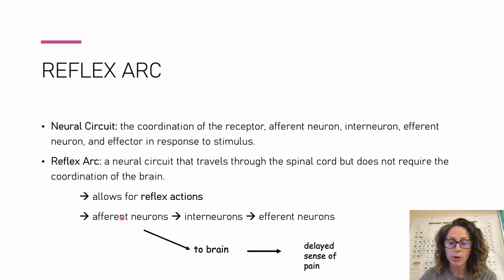So normally we have afferent neurons, which are, again, taking in some sort of stimulus. They are going to send the information through interneurons and immediately go to efferent neurons. And this, again, is through the spinal cord, not the brain. So these would be interneurons in the spinal cord, but not to the brain. They also send information to the brain, but it's slower.